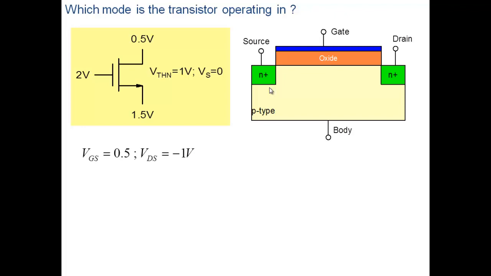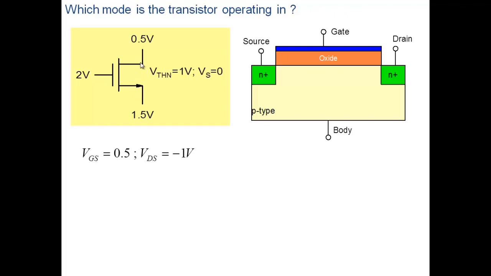Look, the structure is symmetrical, right? I've been drawing it with this arrow and trying to confuse you that this is the source and this is the drain. But I can take this as the source, and this is the drain.